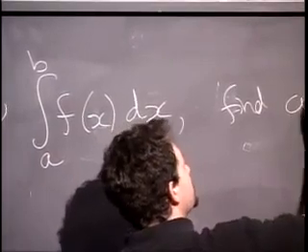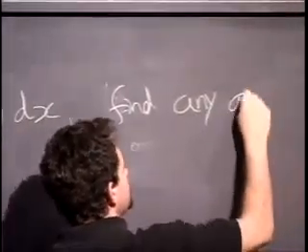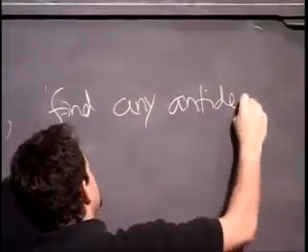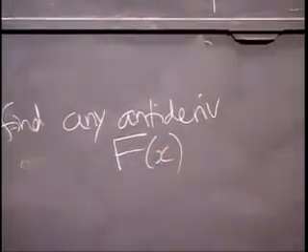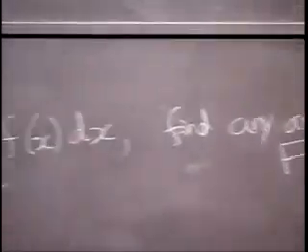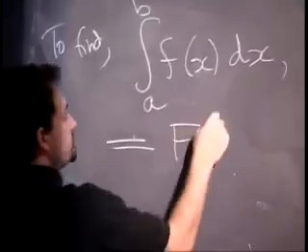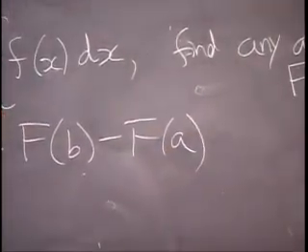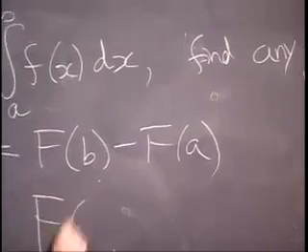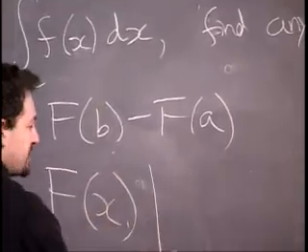It doesn't really matter which one, and we'll see why next time. Capital F of x. You don't need a plus c. And then this equals F of b minus F of a. And that is normally written as F of x from a to b.